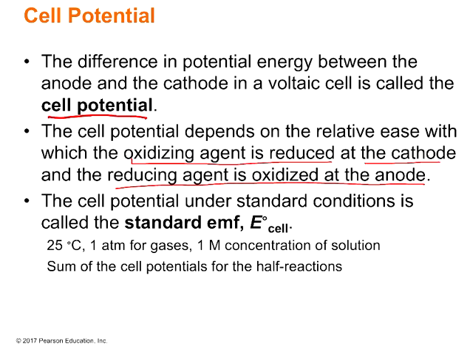So the cell potential would be quite small. But if both sides oxidize or reduce really easily, then we're going to have a higher cell potential, or more electrons flowing. So we call the cell potential under standard conditions the standard EMF.